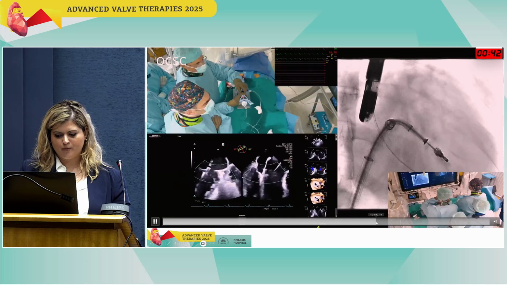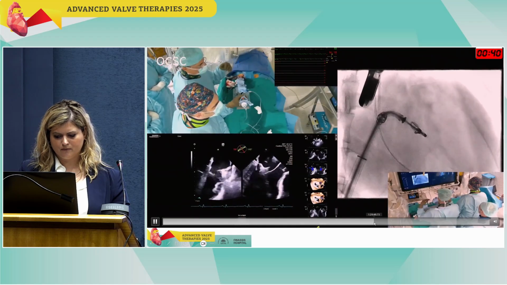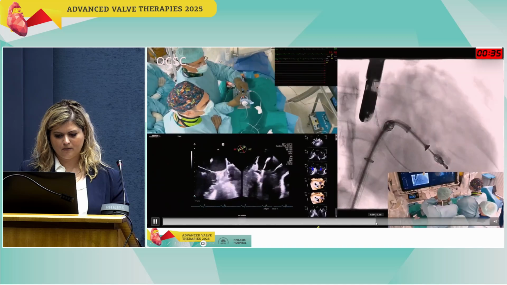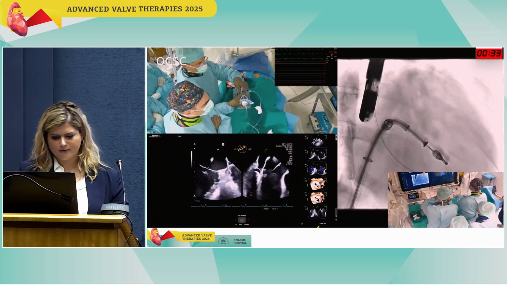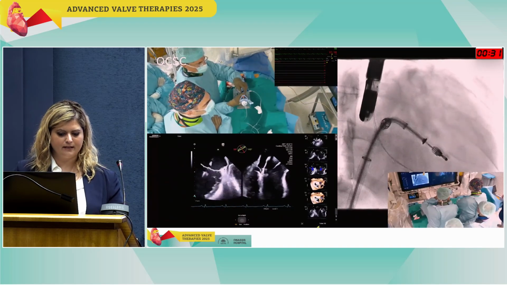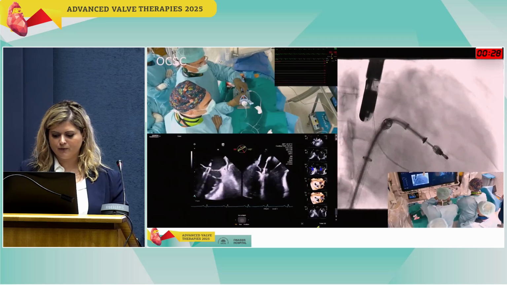Under the valve, we are performing also 3D in order to see where the clip is, if everyone is happy with the position.